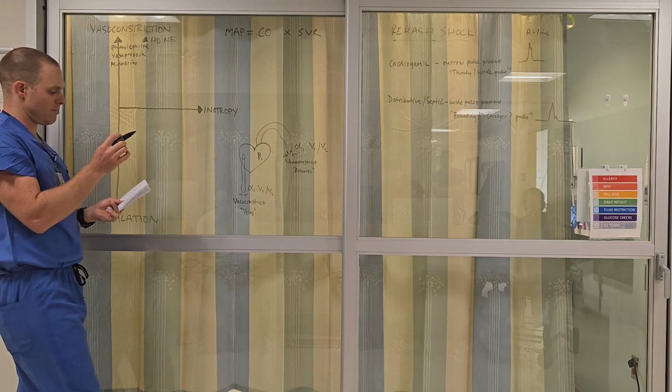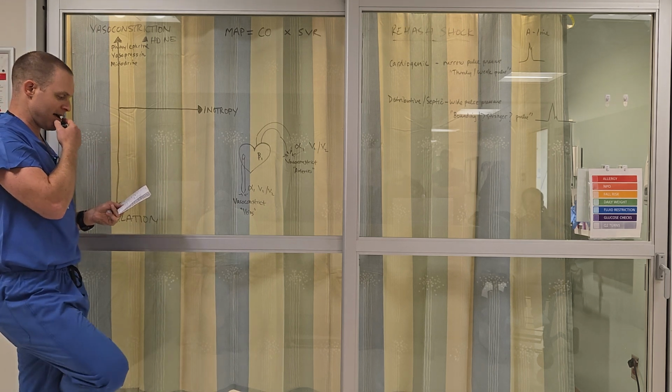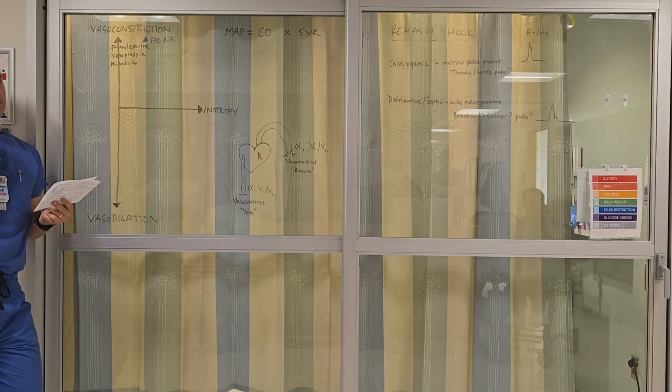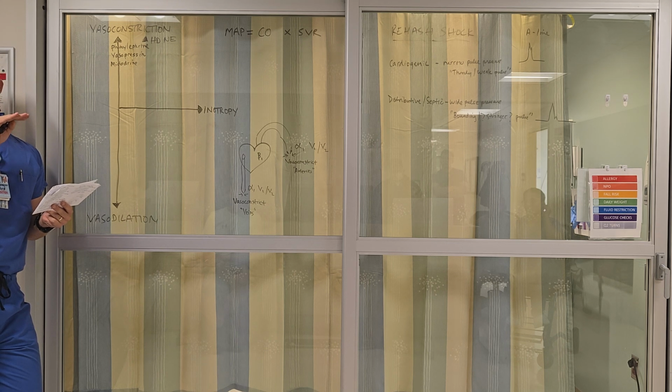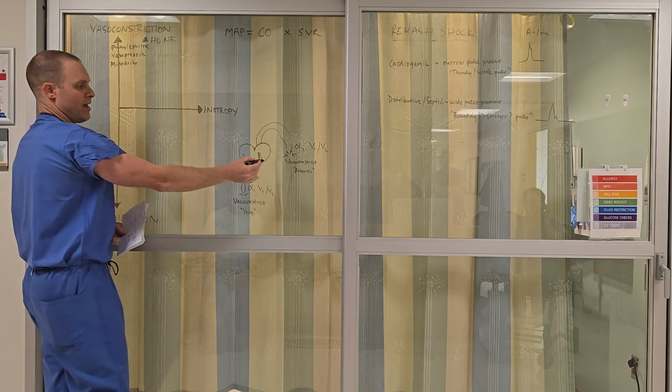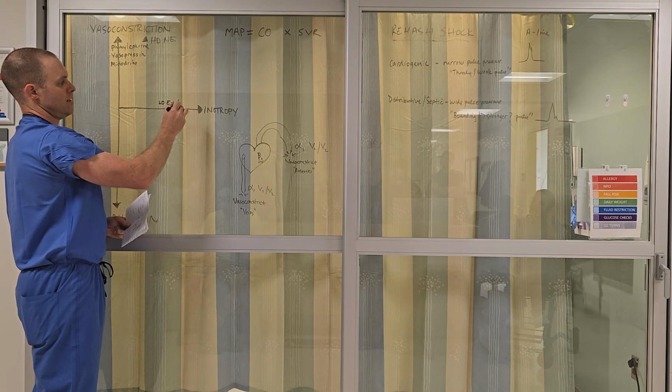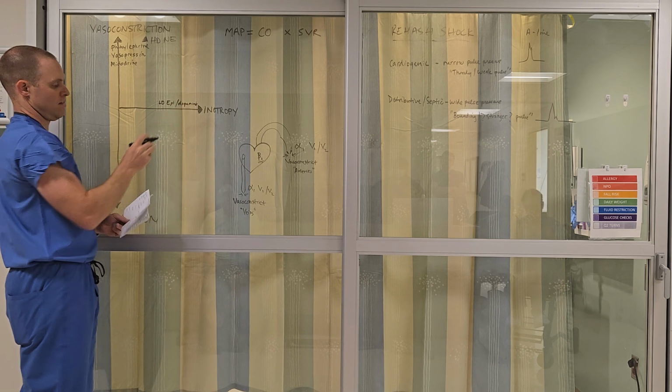Now does anybody know where epinephrine fits on this little algorithm? Because there's a low dose epinephrine and a high dose epinephrine. Do you know what low dose epinephrine gets you? To the right? Or inotropy, chronotropy? Yeah, more beta. So low dose epi and dopamine are here.